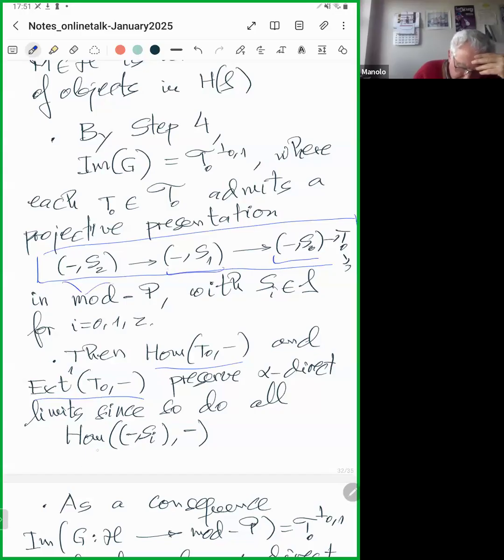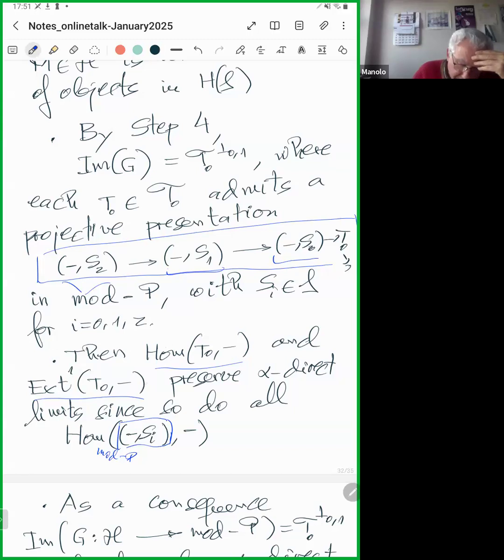I mean, if you take this in mod P, these representable P-modules are all projective and alpha presentable, and all of them preserve alpha directed limits.